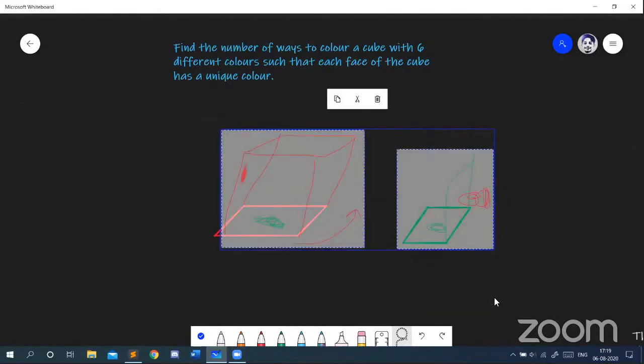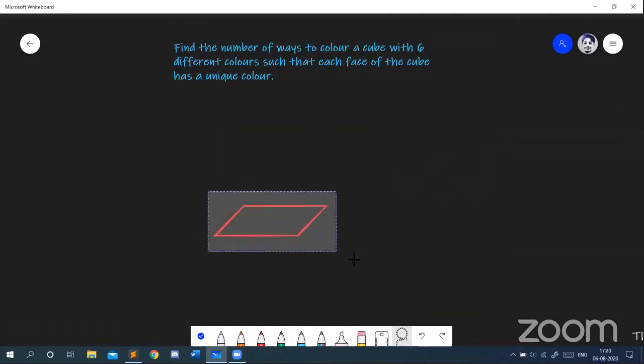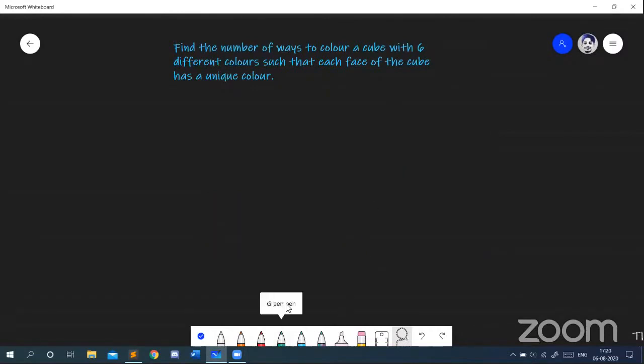And for that, we're going to use the same approach of fixing one color and arranging the rest. So I guess we can begin now. Enough hints. So if you're in a room now, look at the floor.